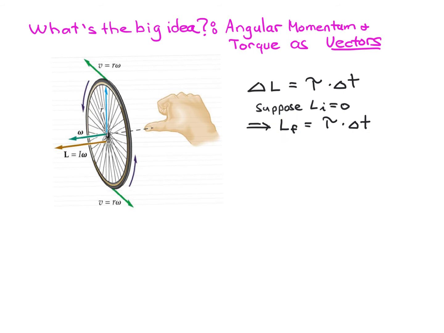So if you start with the wheel at rest and you end up with the angular momentum pointing to the left, it must mean from this relationship that you exerted a torque which points to the left. And similarly, if the wheel started from rest and you wanted it to spin in the other sense, you'd have to exert a torque pointing to the right along the axis.